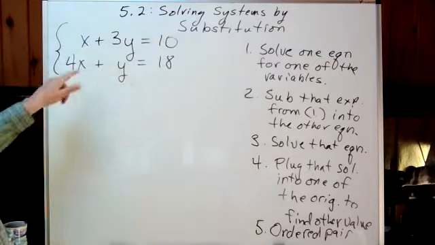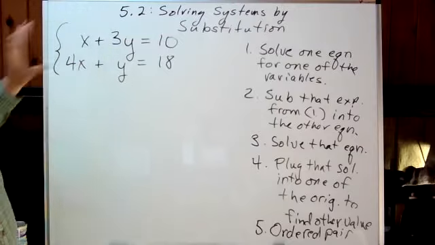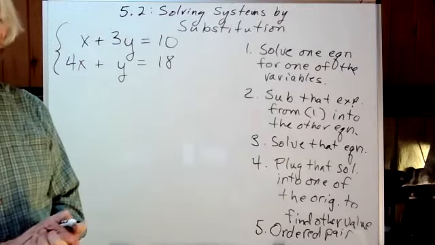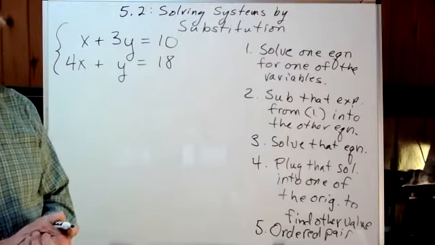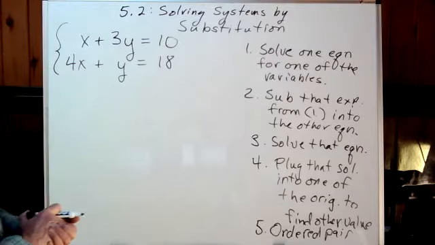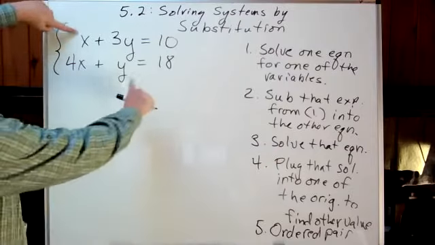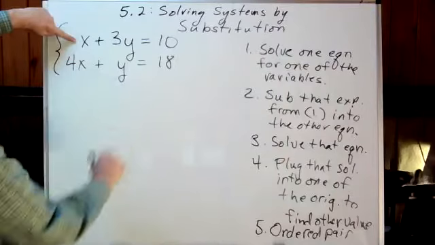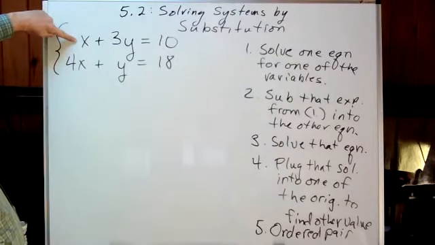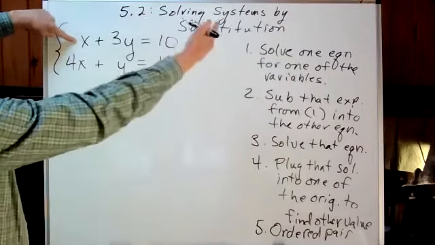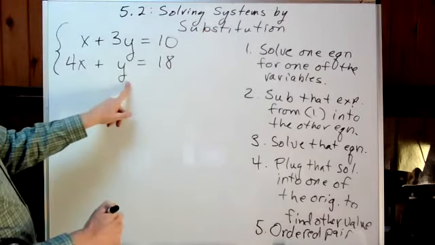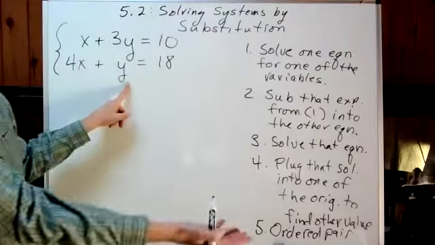I've got 4 different variables in this system. Which one would be the easiest to get alone? Which one would be the easiest to solve for by itself? These are the 2 first obvious choices. I could solve the first equation for x by moving the y's without much difficulty, or I could solve this one for y by moving the x's.